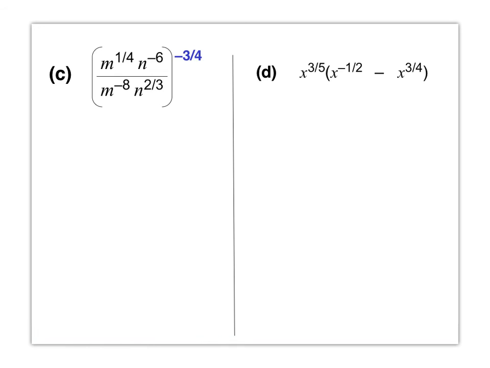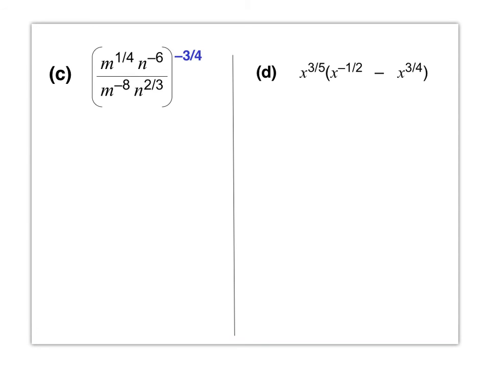Now let's simplify each of the parts of the fraction. Using the power rule, we have the power of 1/4 raised to the negative 3/4. We can simplify that: 1/4 times negative 3/4 is negative 3 over 16. Now let's use the power rule with n to the negative 6 raised to the negative 3/4 power. Negative 6 times negative 3/4 simplifies to n to the 9 over 2 exponent. In the denominator, m to the negative 8 to the negative 3/4 power, again using the power rule.